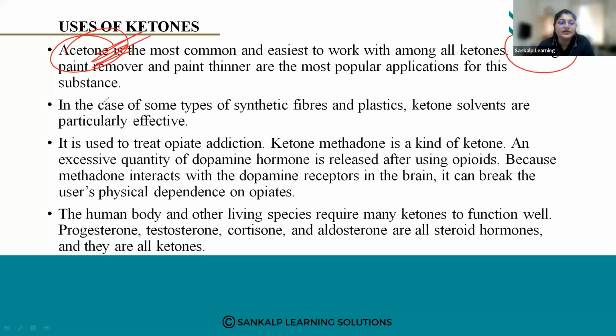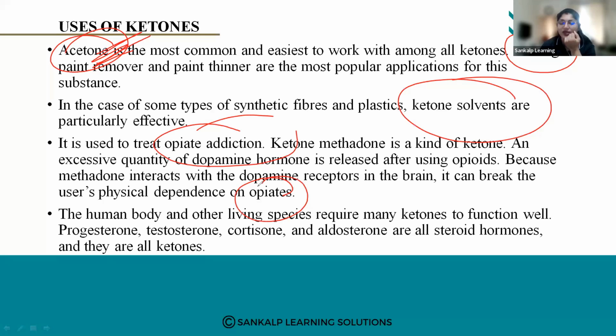Then in case of some types of synthetic fibers and plastic, ketone solvents are particularly effective. In addition, to treat opiate addiction, methadone is a kind of ketone. An excessive quantity of dopamine hormone is released after using opioids. Because methadone interacts with the dopamine receptor in the brain, it can break the user's physical dependence on opiates.